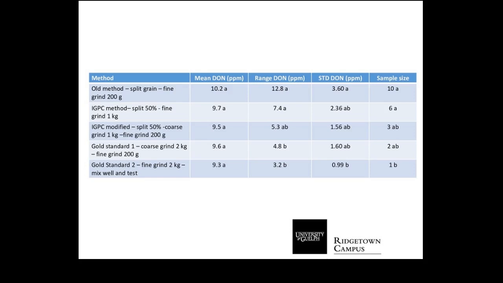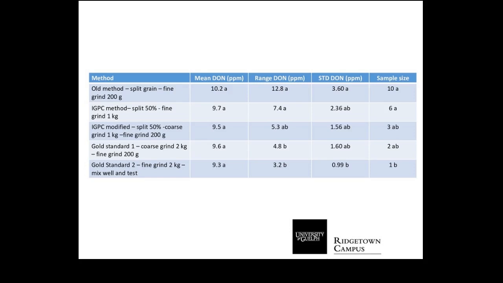And then the ethanol plant in Aylmer, IGPC, was taking an initiative, and they basically were splitting 50% of the 2 kilogram sample and fine grinding the whole 1 kilogram of that. And then what we tried to emulate was the Aylmer IGPC method.